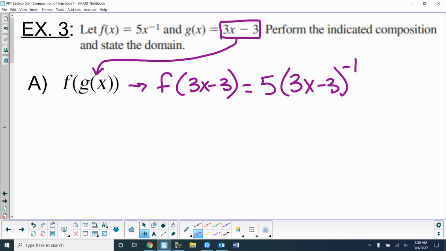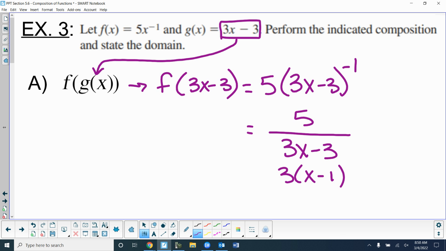So this is going to move to the bottom. Now it's a positive 1. Can I do anything to simplify that fraction? No. I could factor a 3 out. It's a GCF, right? But are there any factors that I can cancel? No.